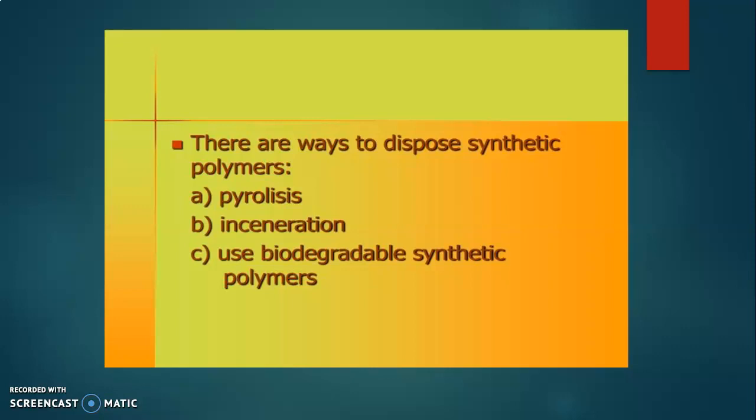Okay, for your information, around 280 million tons of synthetic polymers were produced for subsequent use in 2011, and an annual increase in per capita consumption of around 5% is expected throughout the years. So in light of these numbers, one must question the impact this consumption and use have on the environment.